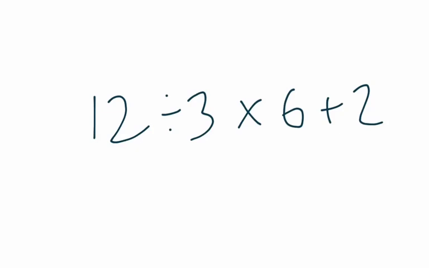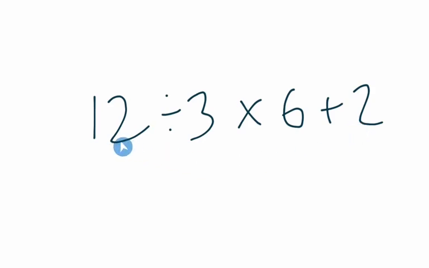Well, what you need to think about is this. All right? I have a total of 12 that I'm going to split into groups of 3. Whatever that answer is, I'm going to have 6 groups of, or 6 more of, or something like that. And then at the end, we just have 2 more that come in.